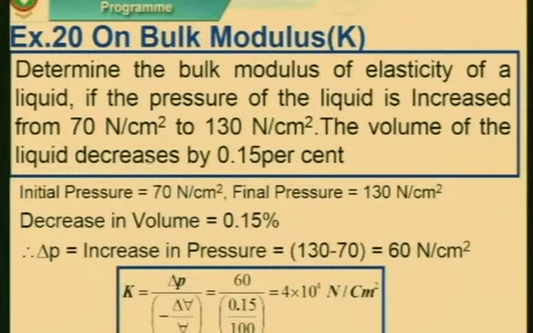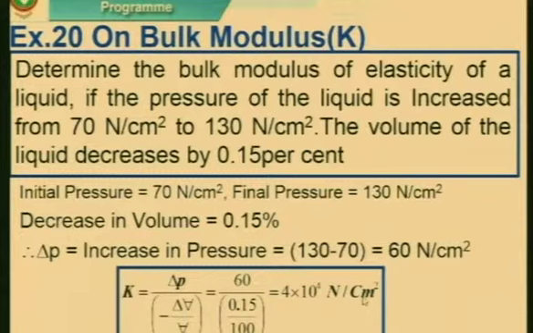There is a decrease, this decrease and the minus sign will go together, so you get 0.15 by 100 directly. If you calculate, you will get the K value for the bulk modulus of elasticity of liquid as 4 into 10 to the power 4 Newton per centimeter square.